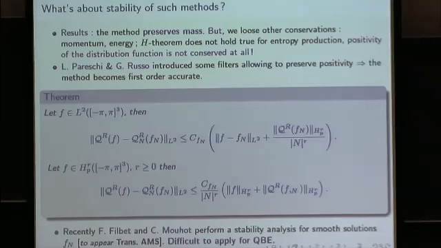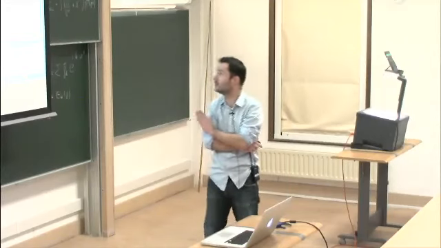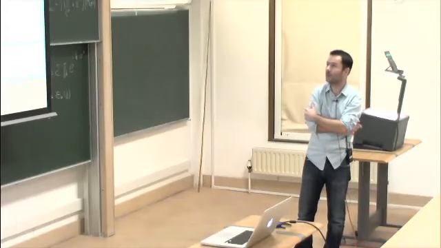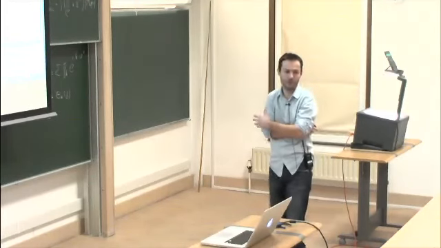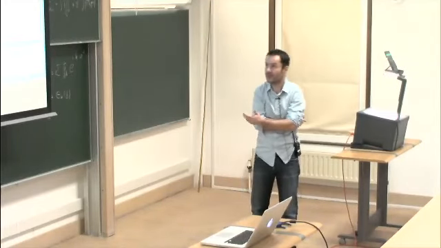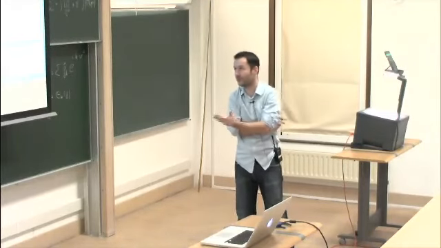So in 2000, Lorenzo Pareschi and Giovanni Russo proposed to introduce some filters in order to preserve positivity. The preservation of positivity is really the point here, even if you don't really mind about conservation of momentum and energy, because you still have some estimate on the loss of conservation.